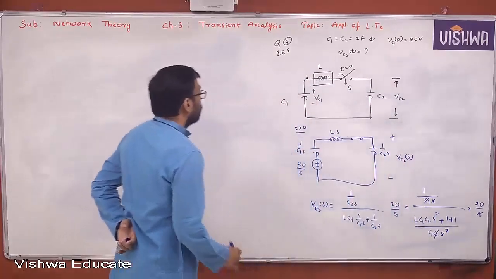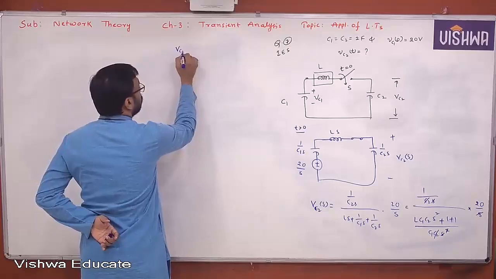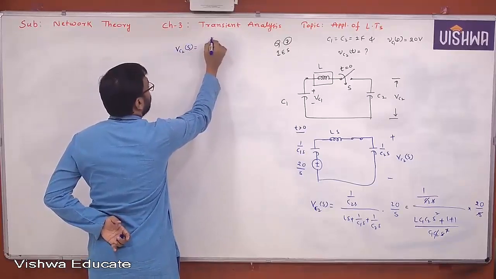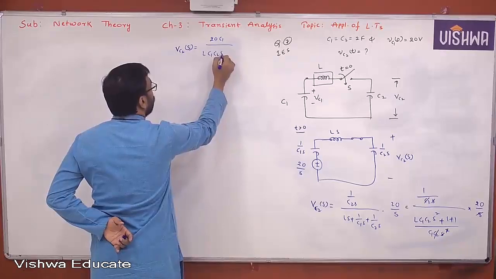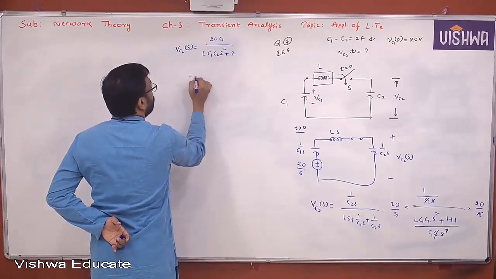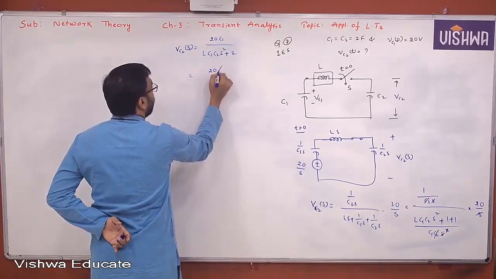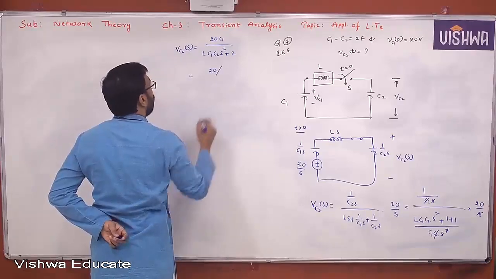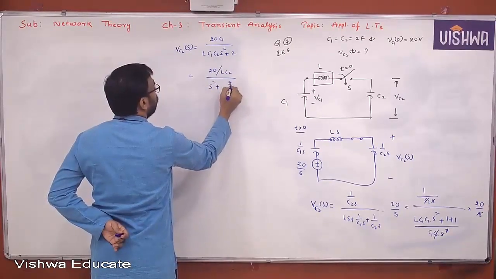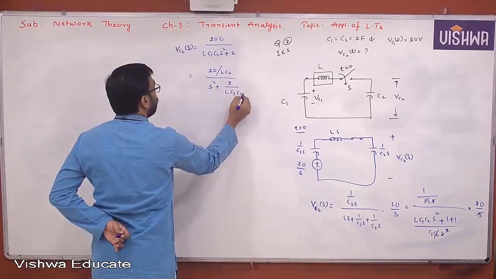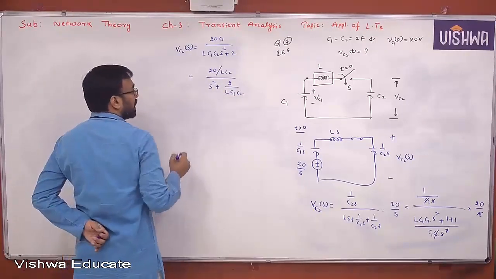Therefore, Vc2 of S will be 20 C1 by L C1 C2 S square plus 2. Then again 20 by, you take L C1 C2 common, then L C2 divided by S square plus 2 by L C1 C2. I think you understand now here.